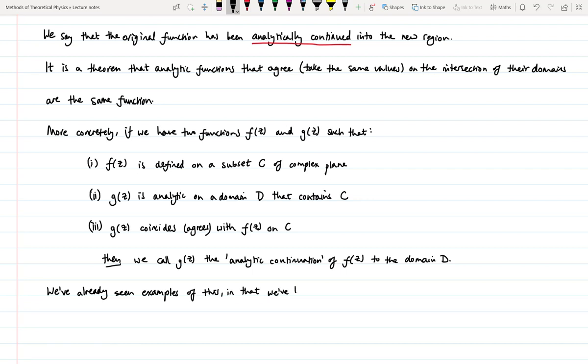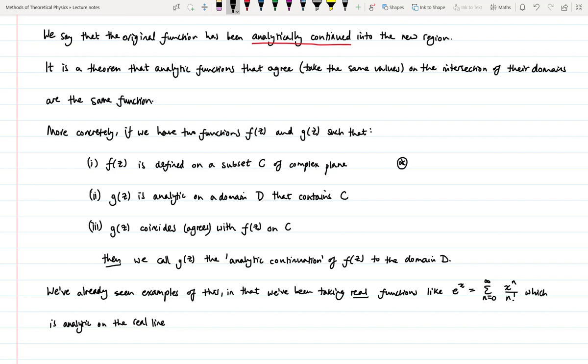And in those examples, we've been taking real functions, for example, the exponential function defined for real variables, which is given by this expansion. This is analytic on the real line. And that corresponds to this first step in the conditions that we listed above.